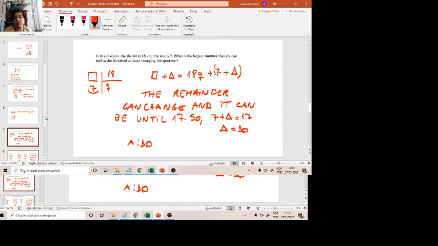But I already have 7. So the biggest remainder I can have here for I form 17 is when I add 10 to my dividend, okay? So the result is 10. Why? Because if I put a bigger number, a greater number like 11, I will complete a number 18 and then my quotient will change.